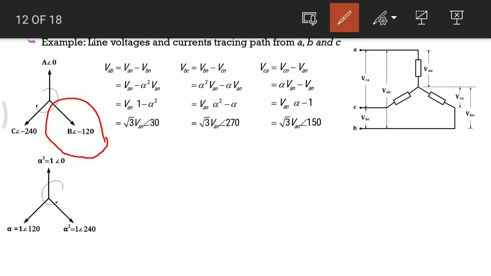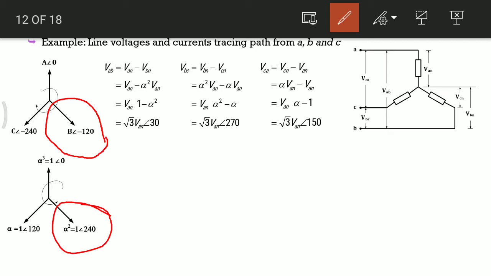Alpha rotates in a counterclockwise direction. If we want the B phase, then how many times do you have to multiply by alpha? Alpha should be multiplied twice, so it becomes alpha square. If we multiply alpha square with the VAN, then it will become the VBN.